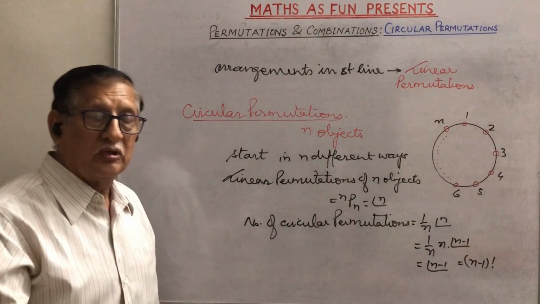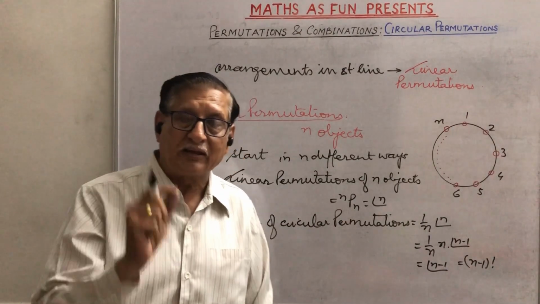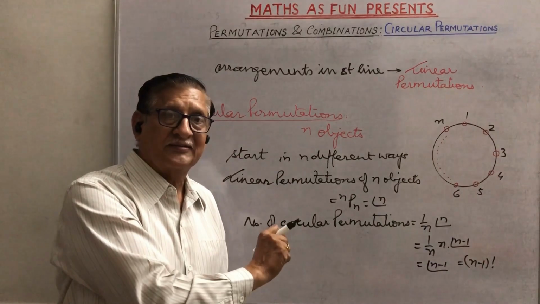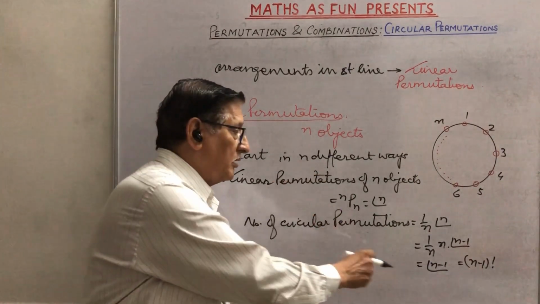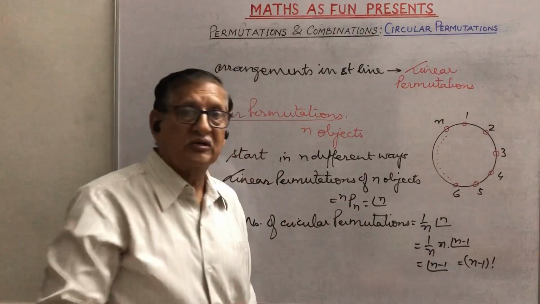It means the circular arrangements of n different objects can be done in (n minus 1) factorial ways.